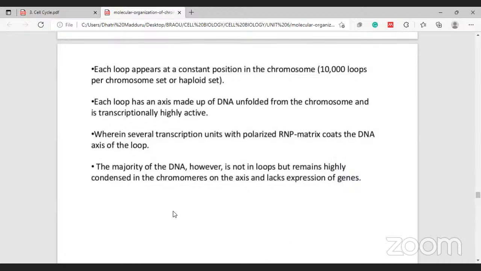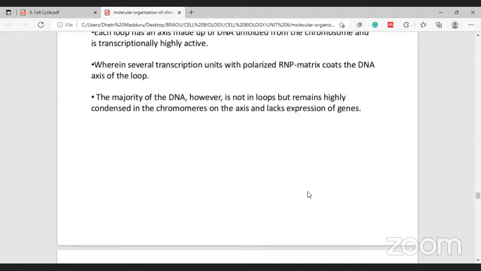The majority of DNA remains highly condensed. That means only at the loop is the DNA freely available, and in the other regions outside the loops the DNA is highly condensed.